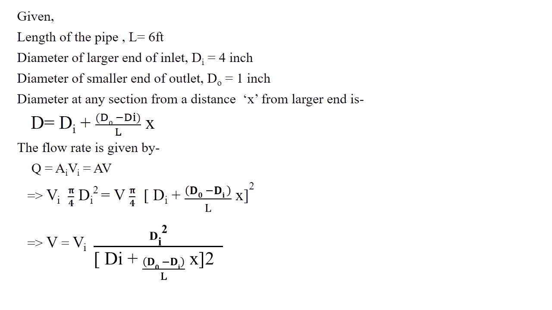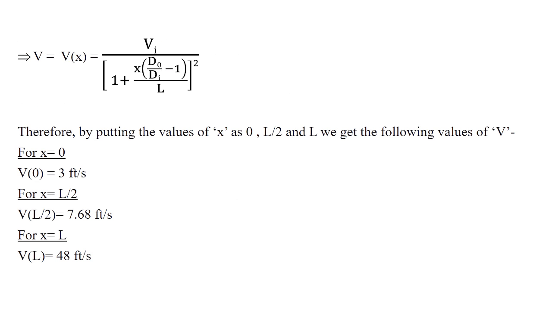After simplifying this, we finally get this equation for V: V is equal to Vx is equal to VI by (1 plus x into (D naught by DI minus 1) by L) whole square.